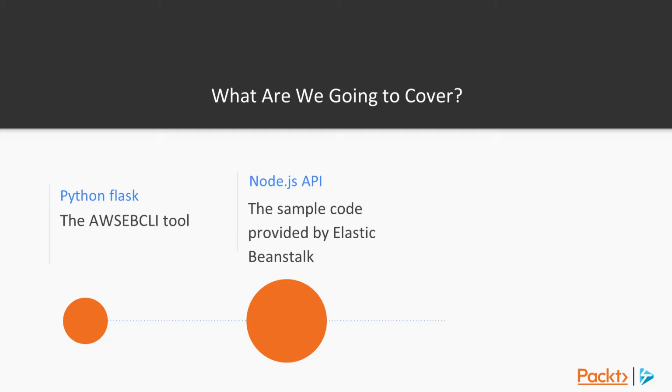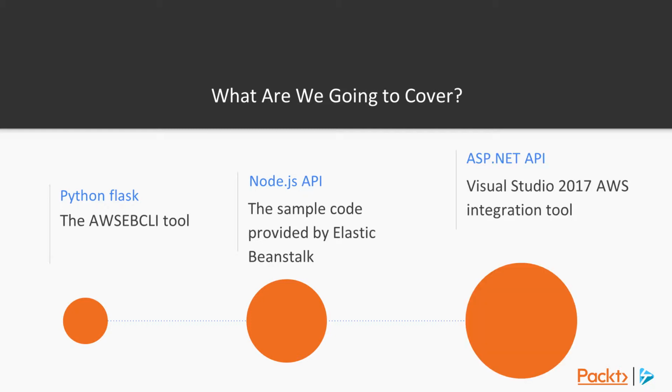In the Node.js API example, we are going to use a sample code provided by Elastic Beanstalk to create a skeleton application on which we are going to deploy the actual Node.js application. Finally, in the ASP.NET API, we are going to use the Visual Studio 2017 AWS integration tool, which is a graphical user interface tool that is going to directly interact with Elastic Beanstalk to deploy our application.